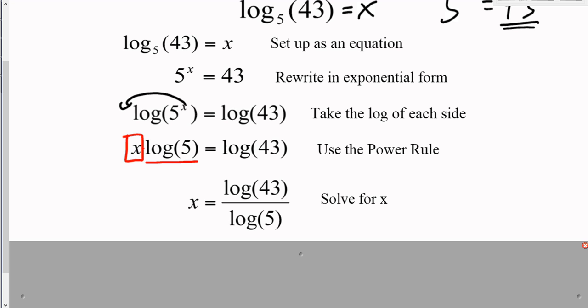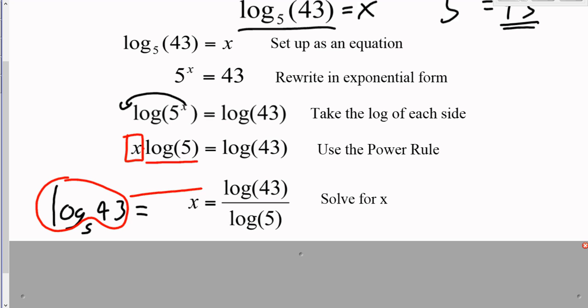So notice how this is related to our original problem. Log base 5 of 43 is equal to, I always think of it like this: the top part is my numerator with a log base 10, and this part right here is my denominator.